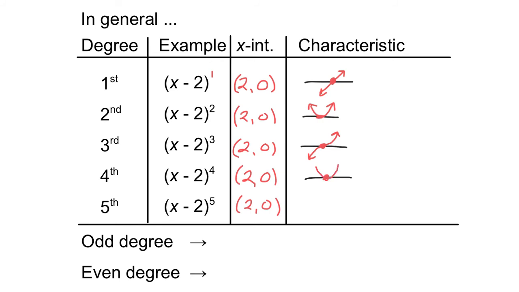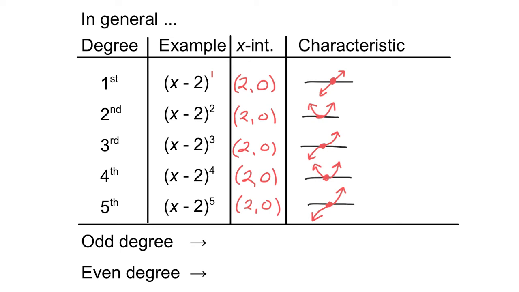But because we have an even number degree, even number exponent, our graph is going to go in the same direction off of that x-intercept. It's going to change direction at the x-intercept. And lastly, let's say we had x minus 2 to the exponent 5. We're going to come in from opposite directions, and we're going to twist a little bit on the x-intercept. So it's kind of a turning point.